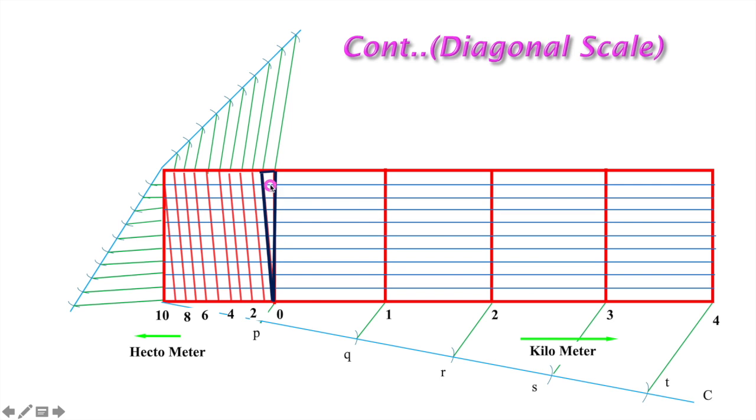Here this line is equally spaced. So this line is 10 times of these lines. This is 2 times of this one, 3 times of this one, 4 times of this one, and so on.